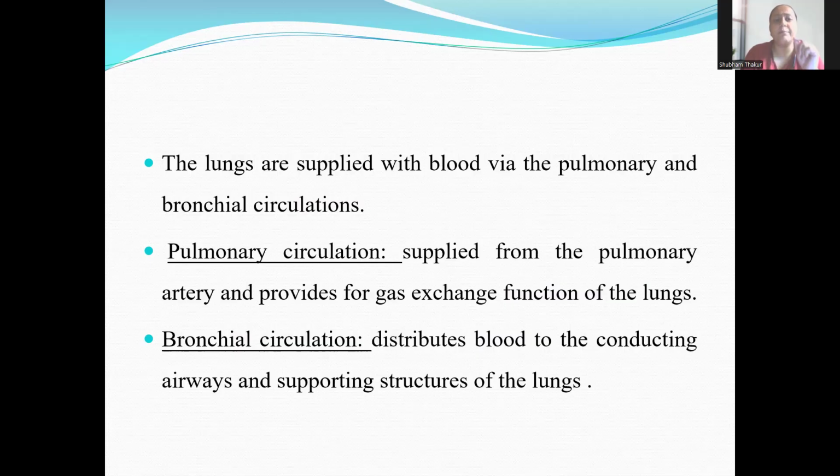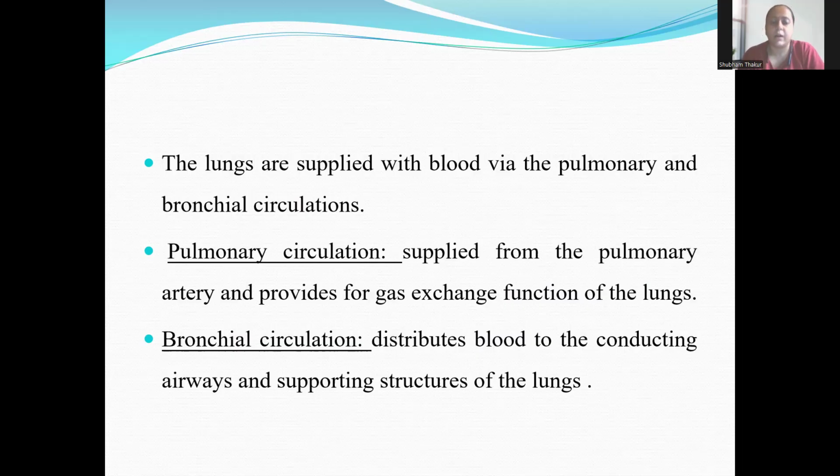Okay. So first, in the pulmonary circulation, what is the function of the pulmonary arteries and veins? The pulmonary arteries split into the left pulmonary artery and the right pulmonary artery, and carry deoxygenated blood from the right ventricle into the alveolar capillary networks.